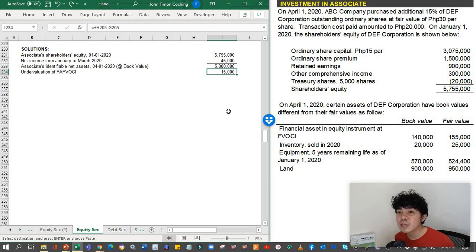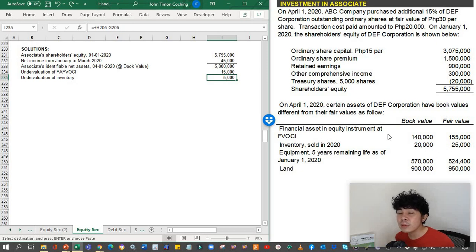At yung 5,000 na yun ay, again, undervaluation ng inventory. So, dadagdag natin yung 5,000 dito sa 20,000 na kasama sa 5.8 million para maging 25,000. And again, yung 5,000 is undervaluation ng inventory kasi mas maliit yung nasa libro, the book value, as compared to its fair value.